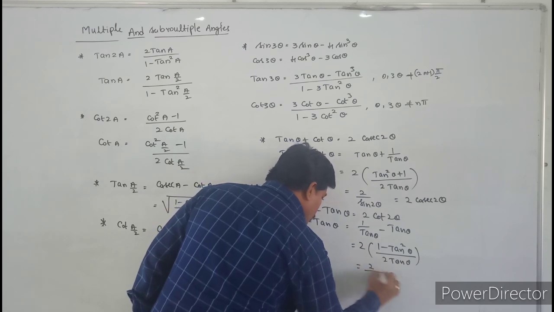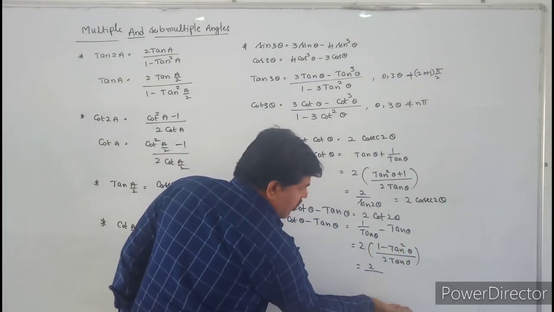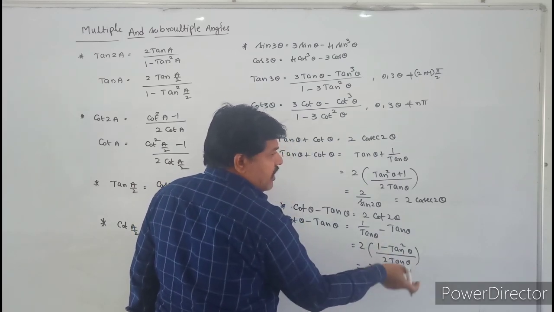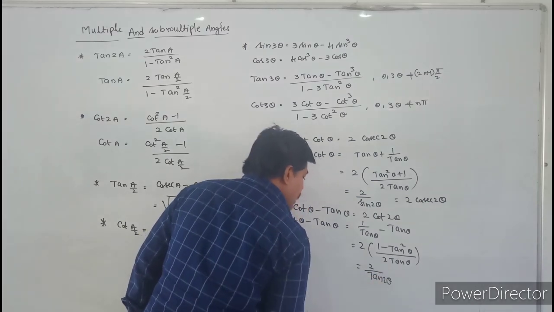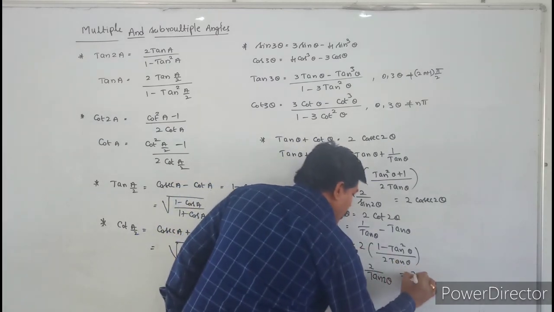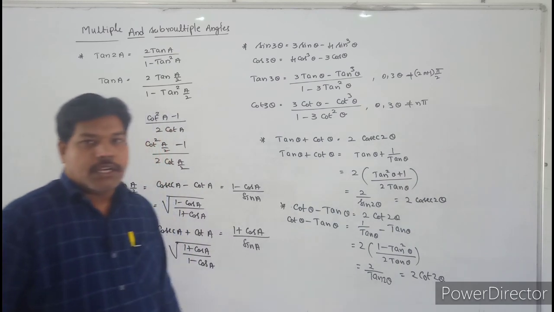That is 2 by (2 tan theta by 1 minus tan square theta), and 2 tan theta by 1 minus tan square theta is nothing but tan 2 theta. So it becomes 2 by tan 2 theta, which is 2 cot 2 theta.